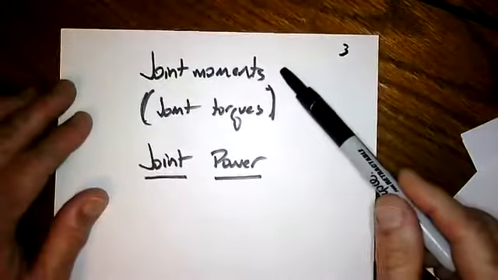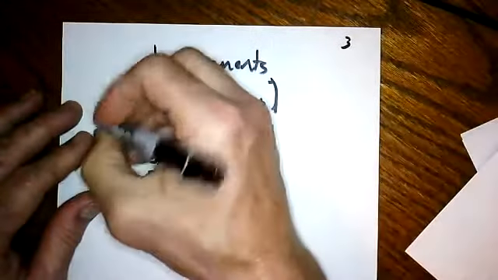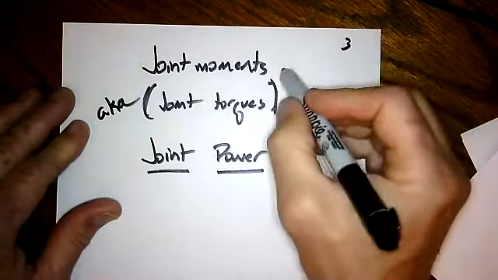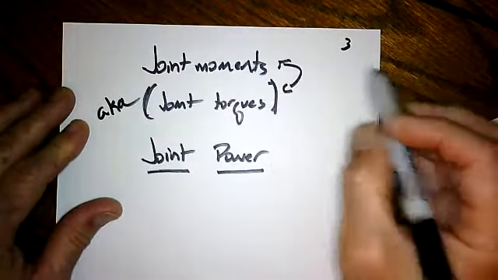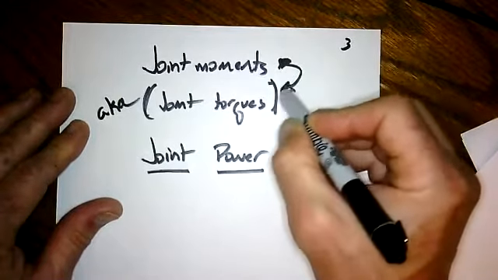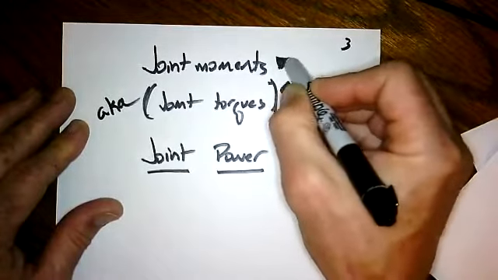All right, so that's really where we're headed here, is to understand joint moments, also known as joint torques. I flip back and forth between these two terms, and you know how much I stress terminology. You would think that that's laziness on my part.